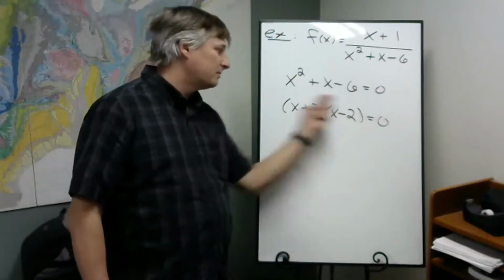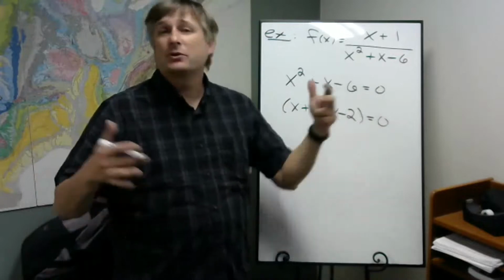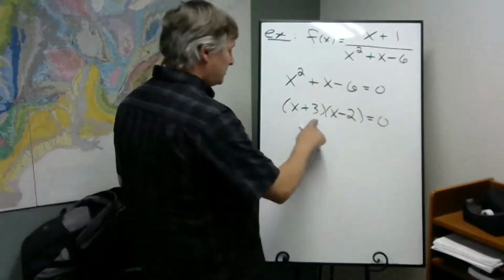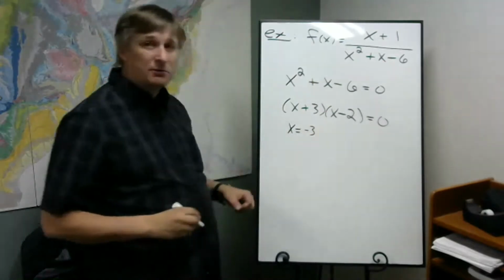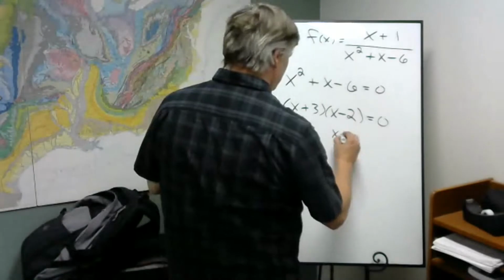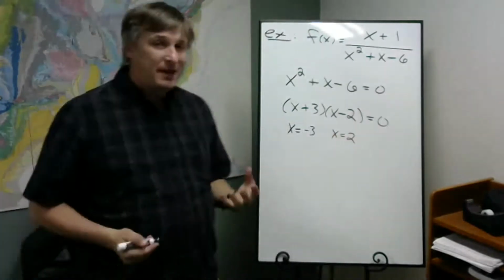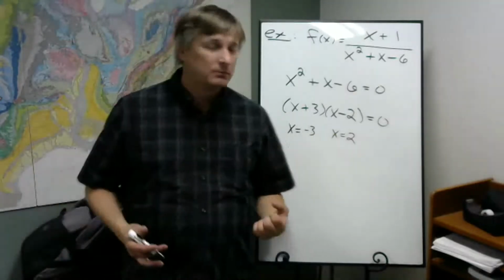Because if this is 0, everything becomes 0. 0 times any number is going to be 0. Well, this will be 0 when x is -3. And this will be 0 when x is 2.